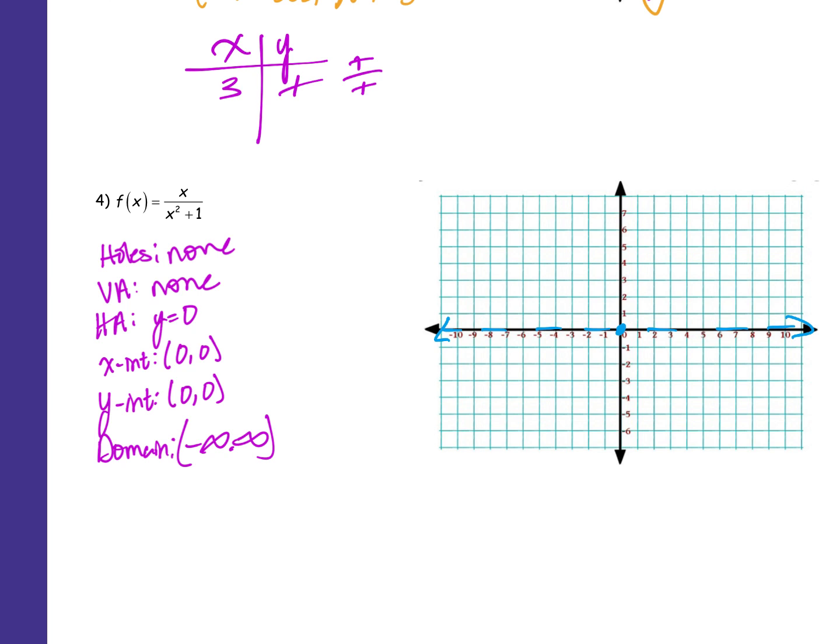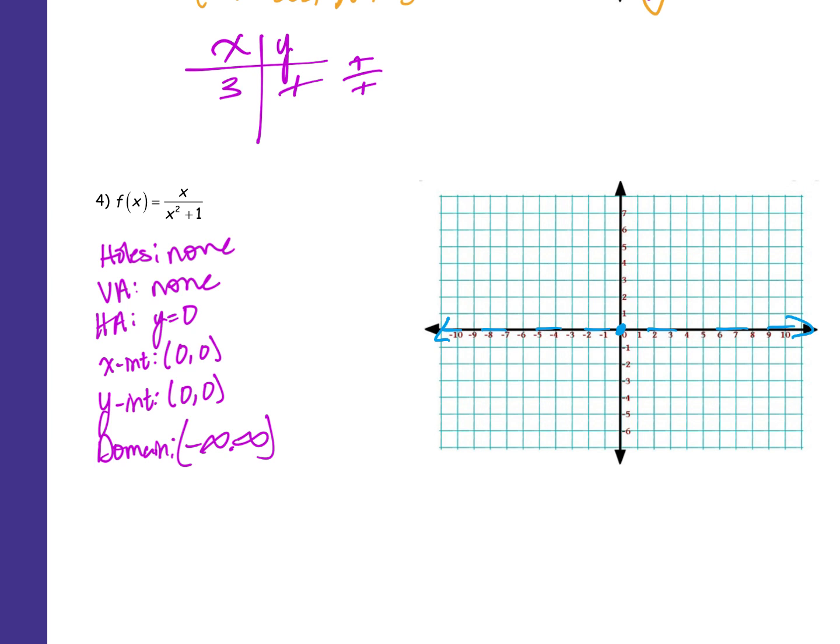Okay, so I think it says x divided by x squared plus 1. And there we go. That is the graph of this function. I've never seen it.